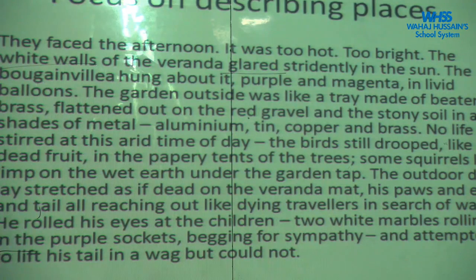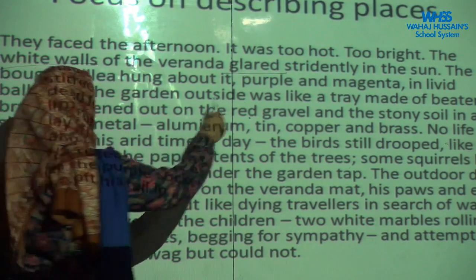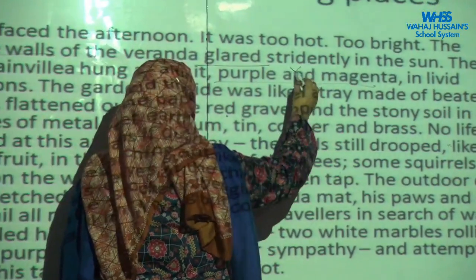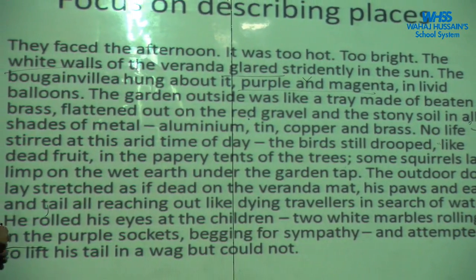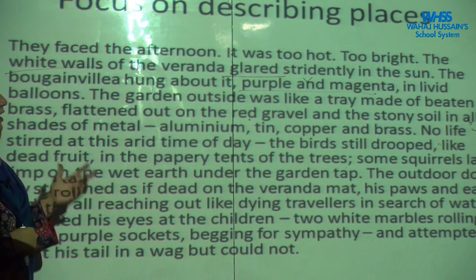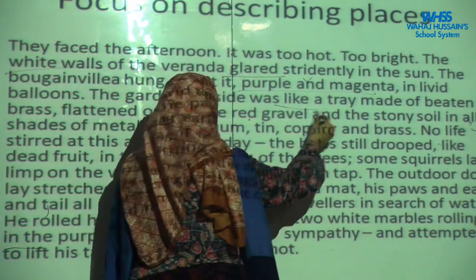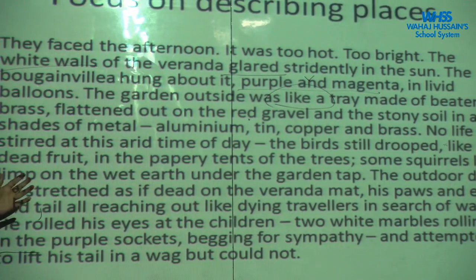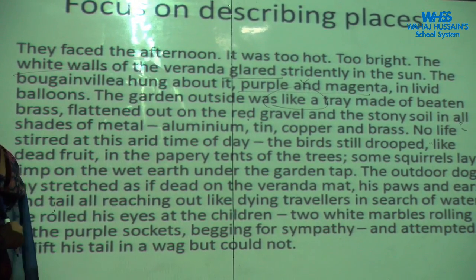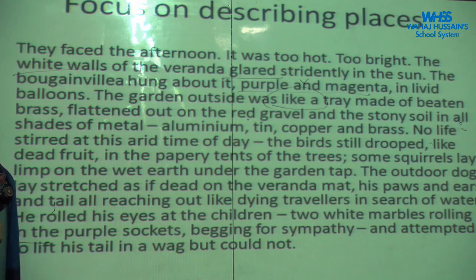The bougainvillea hung about it, purple and magenta. Purple, magenta, color, visual imagery. In livid balloons, the garden outside was like a tray, simile. Tray made of beaten brass, flattened out of the red gravel and stony soil in shades of metal.